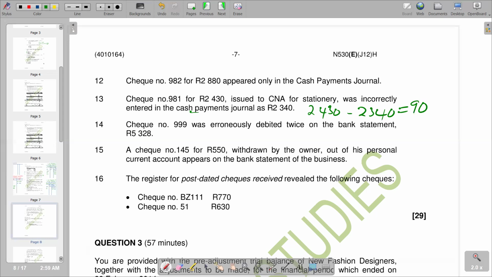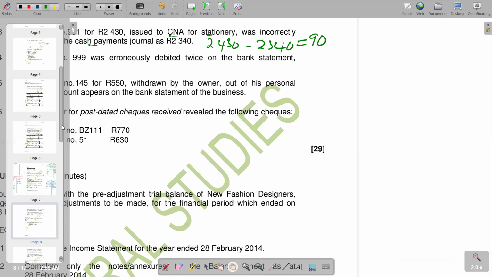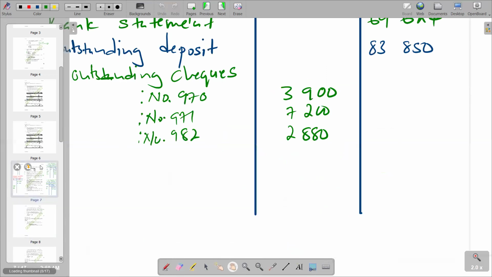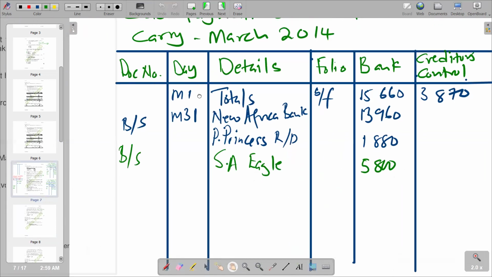So you go under cash payments. We know that it's CNA and it's for stationery. Simple as that. So we go to the cash payments, which is on the previous page. So our cash payments is here.